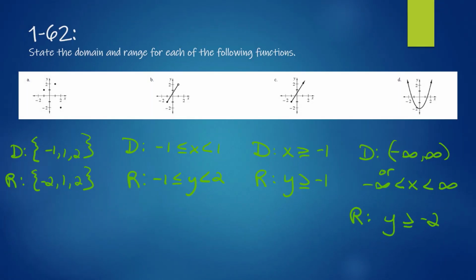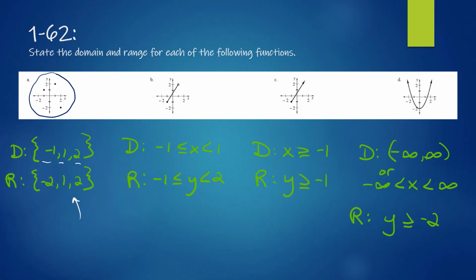On 1-62, this is the first of 2 different problems in this review and preview that talk about domain and range, so we'll go through this a little quickly. On part A, there's no line segment, it's just plotted points. So all you need to know is that there are 3 points, so you need 3 domain values. I look for the lowest, and the lowest is -1, and then I just write them all in.